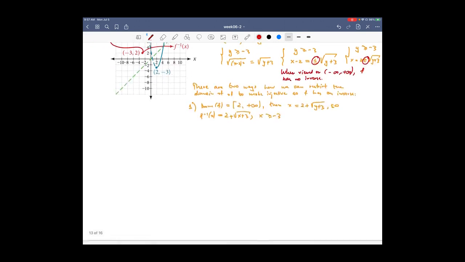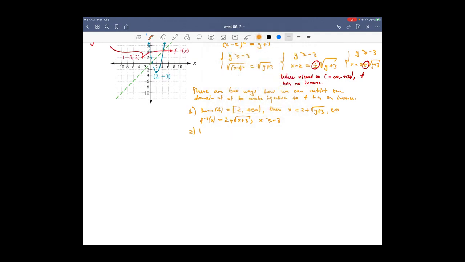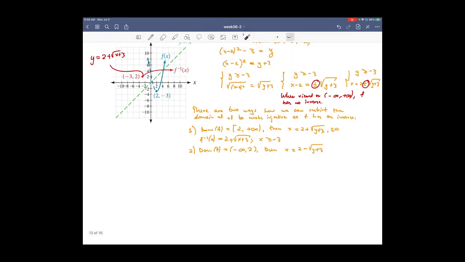But we could as well have restricted the domain of our function f to be the left branch, which is from negative infinity to 2. In which case, we would have had x to be 2 minus root y plus 3. These are the x's to the left of 2.